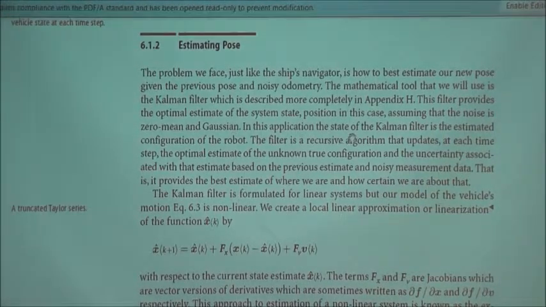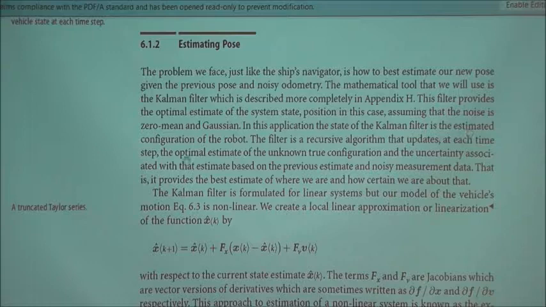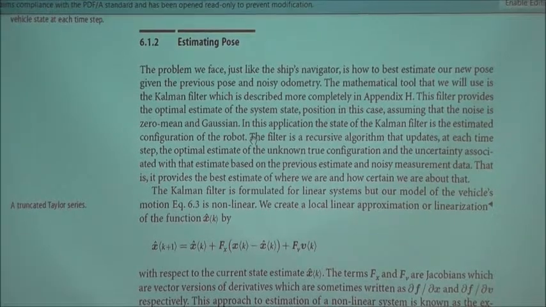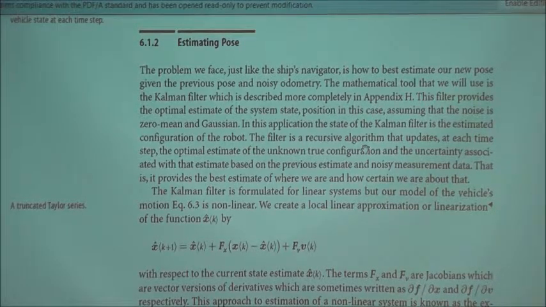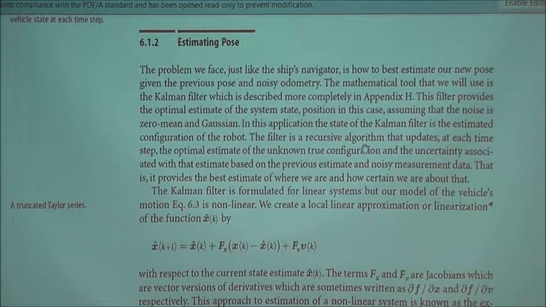In this application, the state of the Kalman filter is the estimated configuration of the robot. And it is going to be a recursive algorithm, which means every step, going from k to k plus 1, one filter is designed for it. And then k plus 1 to k plus 2, another filter is designed. So you have as many steps as you take to reach the goal, that many filters have to be designed in real time on board of the robot.